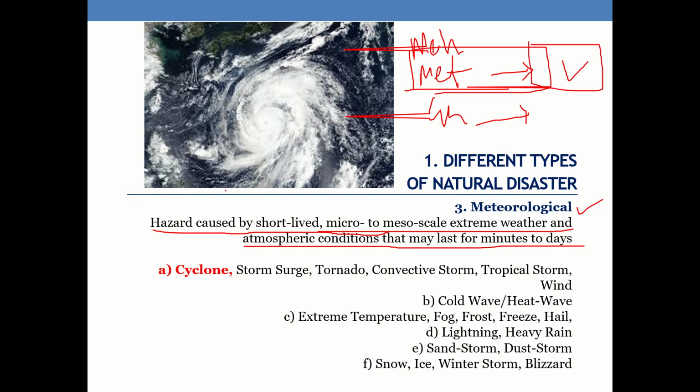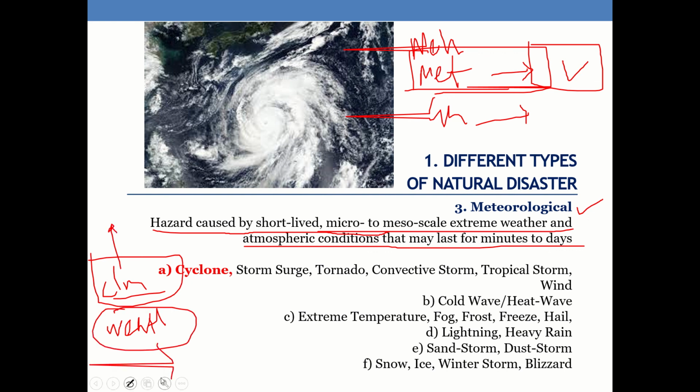It is like defining what is weather and what is climate. Climate is a long-term phenomenon, and weather can change in hours. For example, now it is sunny, and maybe after 45 minutes or 1 hour we may have cloudy conditions.